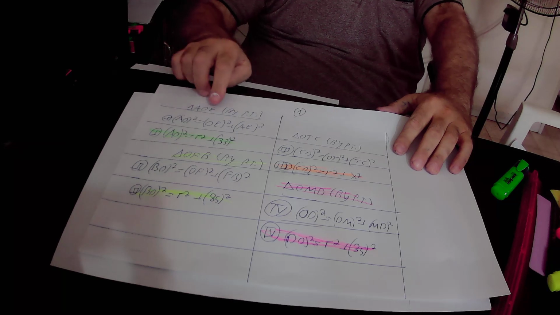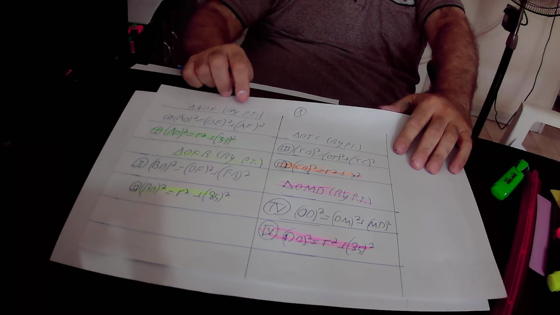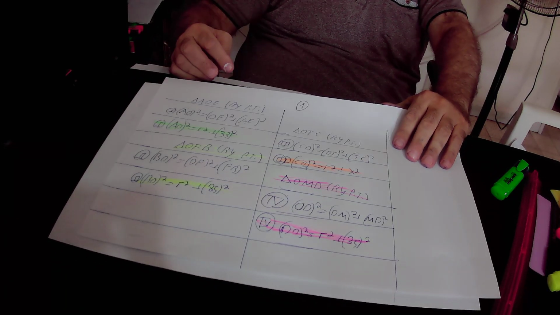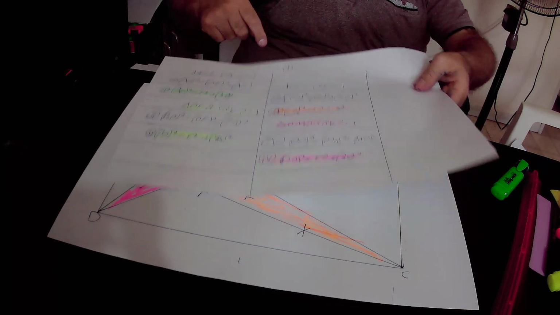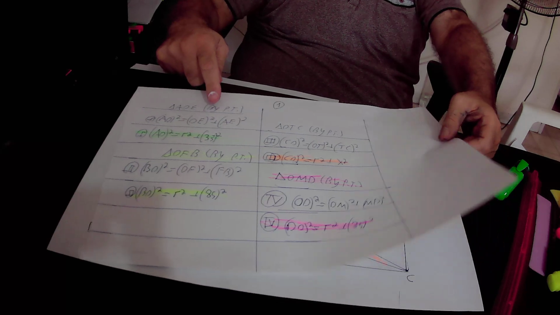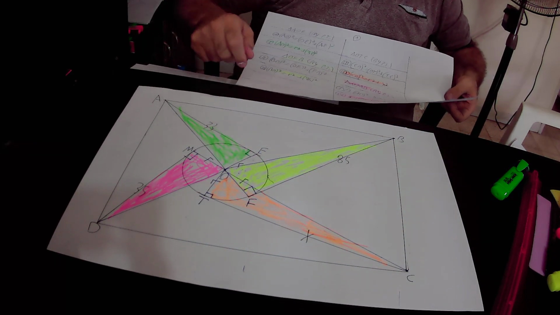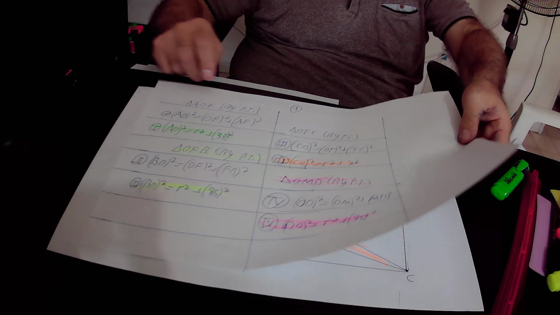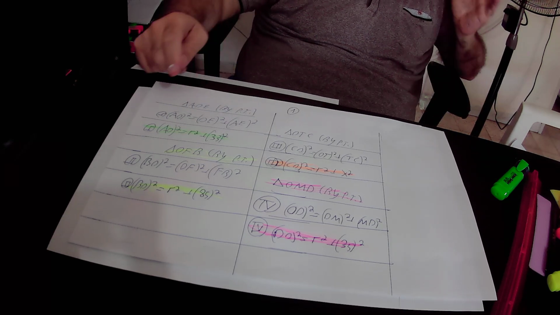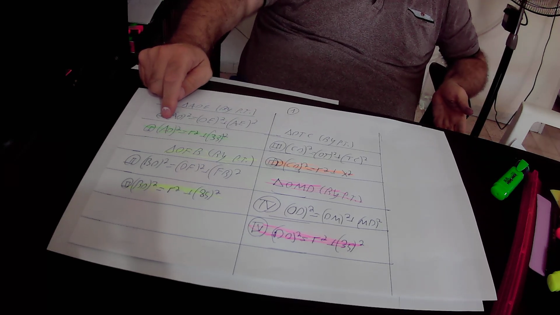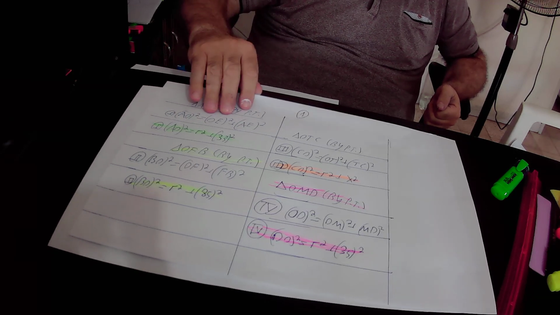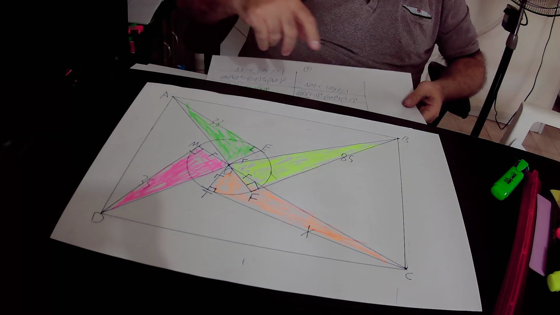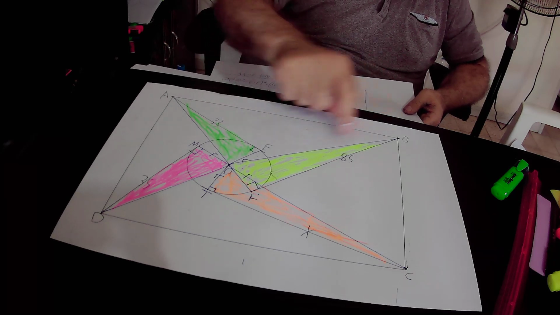OE equals R, therefore OE square is R square. AE equals 33 units according to what is given, so AE square is 33 square. So in conclusion, according to equation number 1, AO square equals R square plus 33 square.